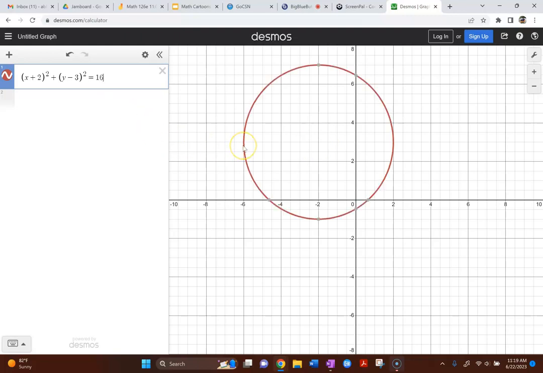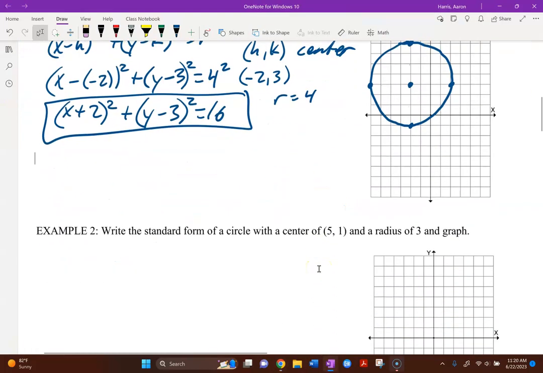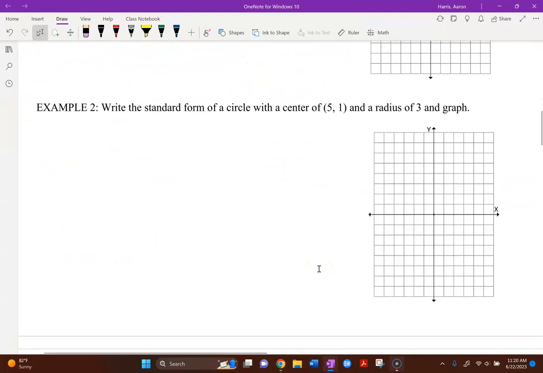There's the circle, so it has that center negative 2, 3 right there. In fact, let me put that point on there, negative 2, 3, and I'm going to label that. That right there is our center. And you can see that you get that radius of 4 there. Pretty snazzy.